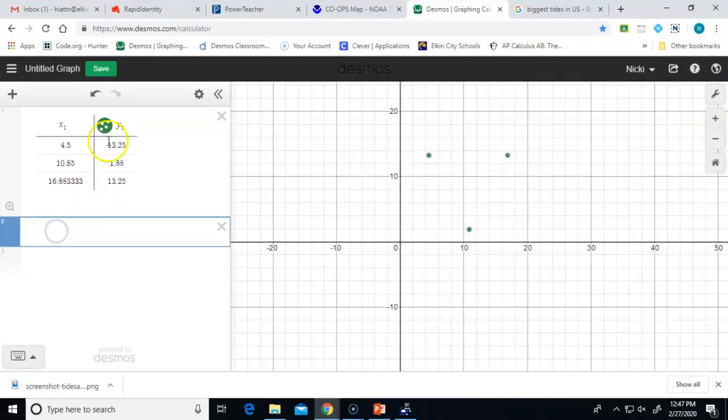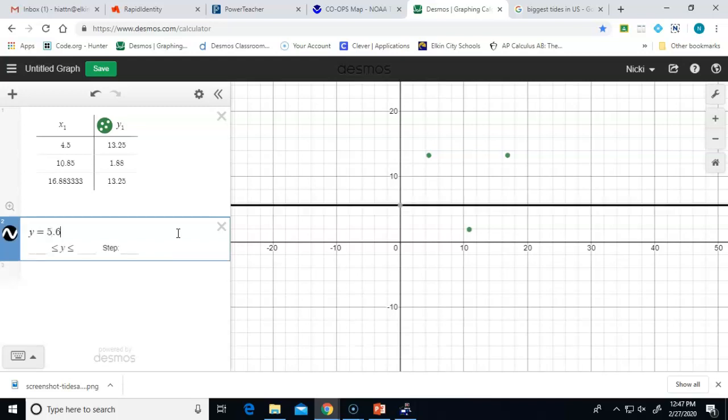So, how would we find the midline for this? Okay, so all right, and so if we divide that by 2, it gives us 5.685. So let me do y equals 5.685.